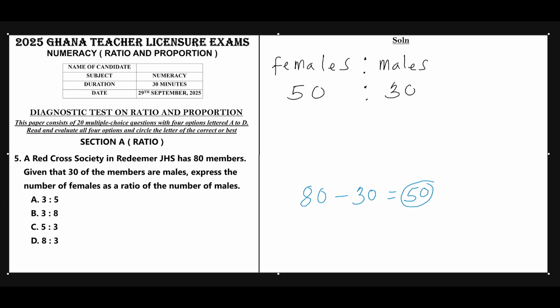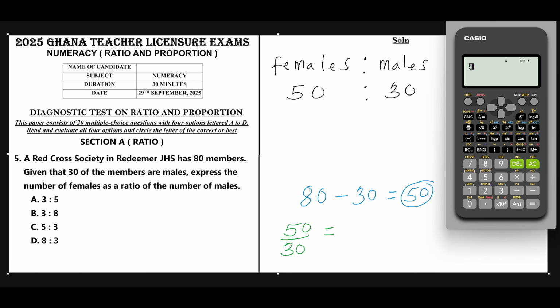So this can be expressed as 50 is to 30. This can be expressed as a common fraction, 50 out of 30. And this can still be reduced to the lowest form. So we have 50 out of 30.